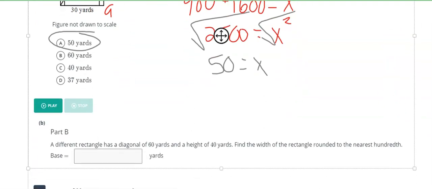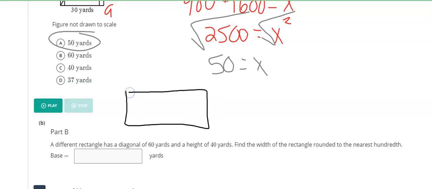And for part B, it says, a different rectangle has a diagonal of 60 yards and a height of 40. So, if I draw this out, this diagonal right here is 60, and the width is 40.